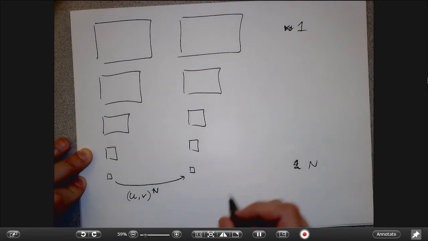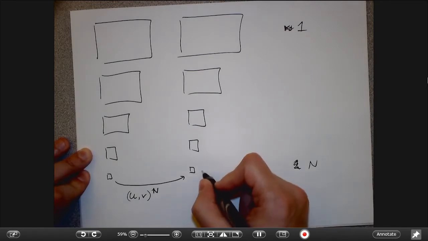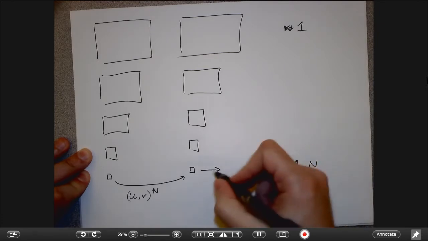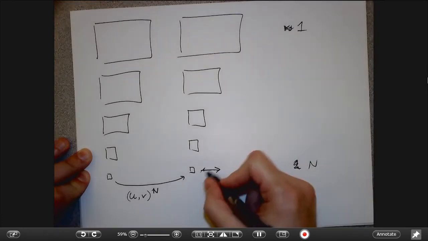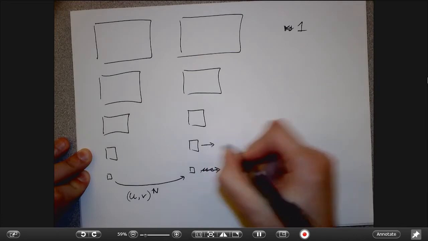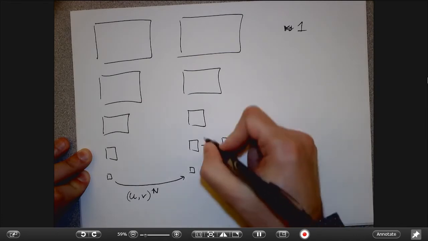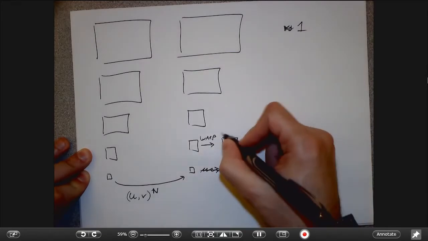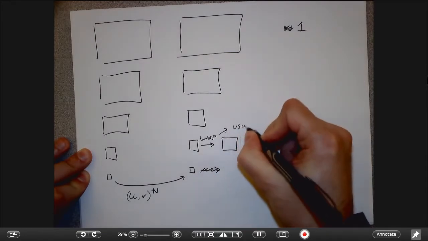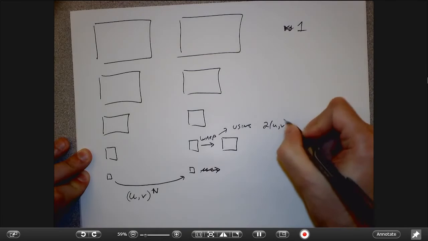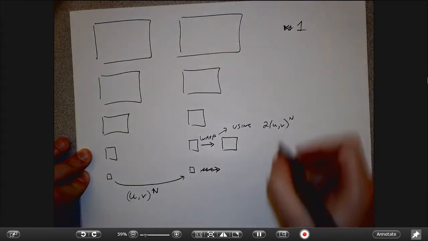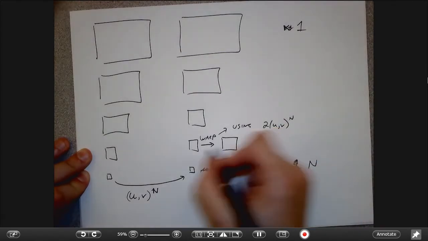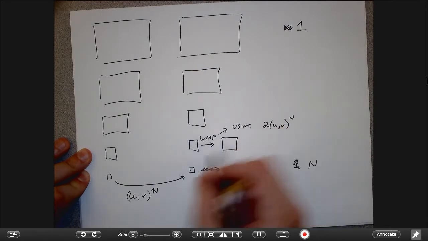And so now what I want to do is push this image over using twice the estimated flow field at the bottom here, so that these pixels move over to roughly where they should be, right?